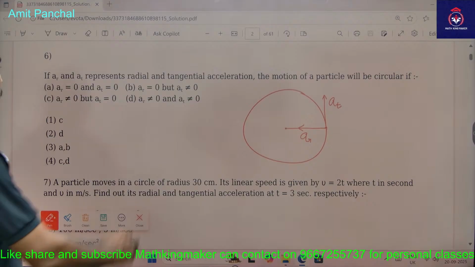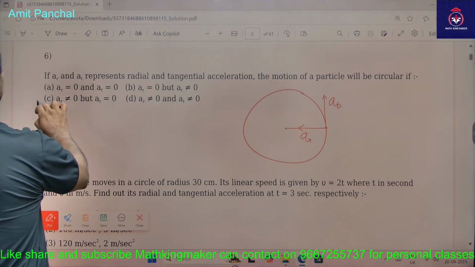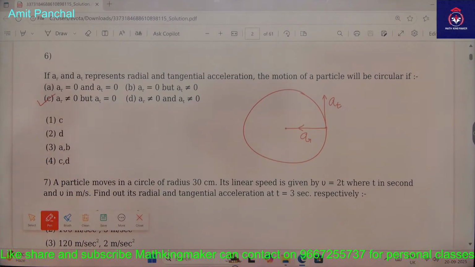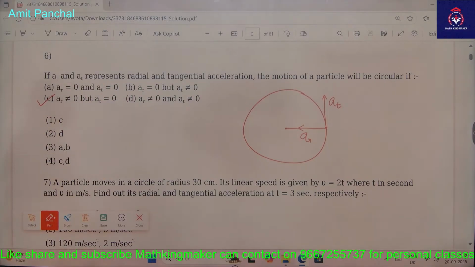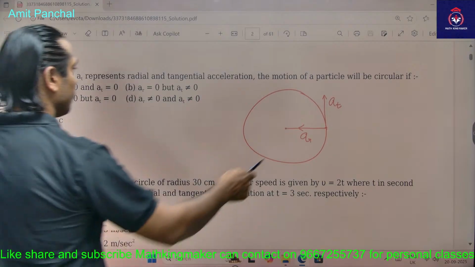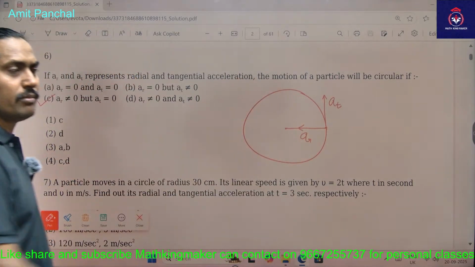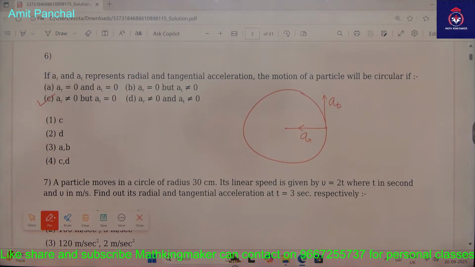So option C is correct: AR is not equal to 0 but AT is equal to 0. And in case of option D, what is happening? AR is not equal to 0 and AT is also not equal to 0. So in this also it can have a circular path, but its radius will be changing.